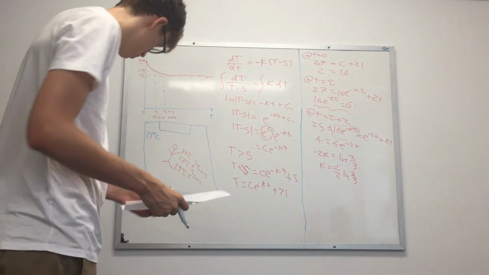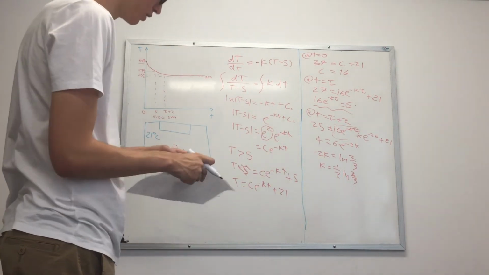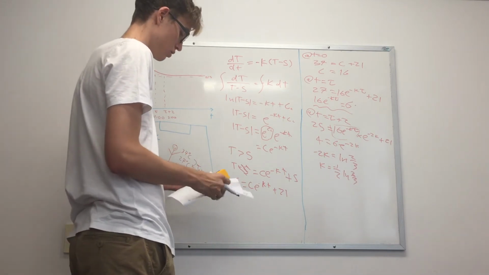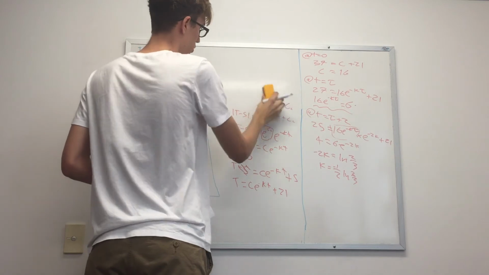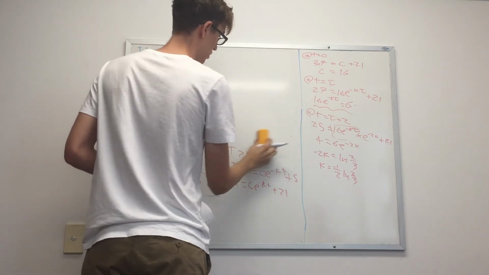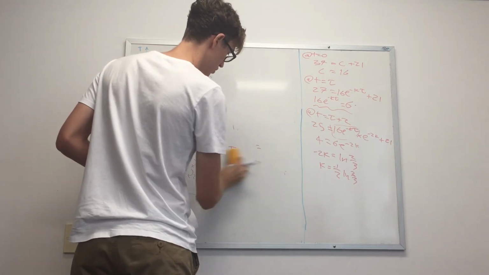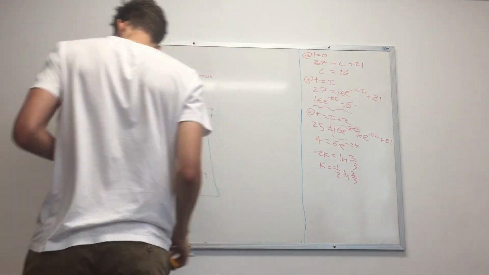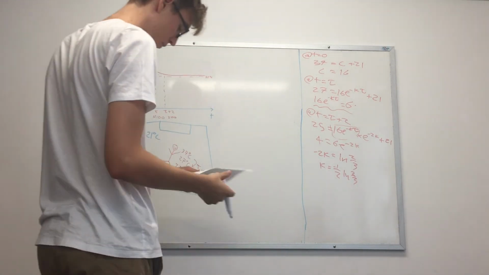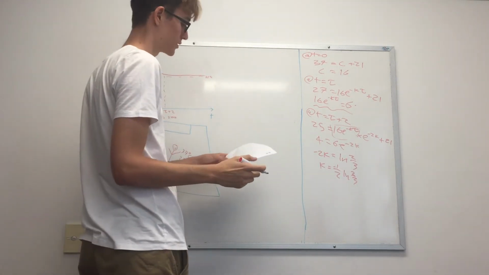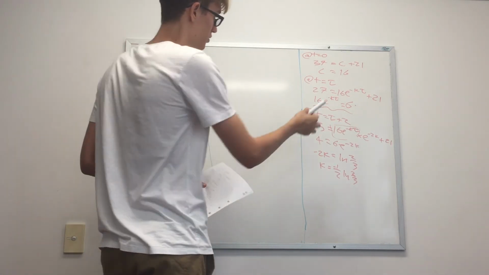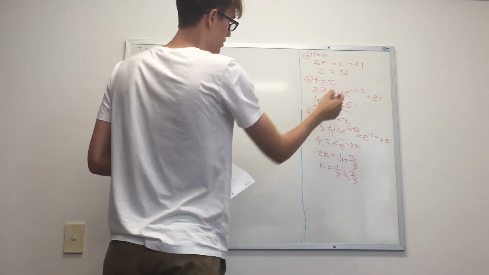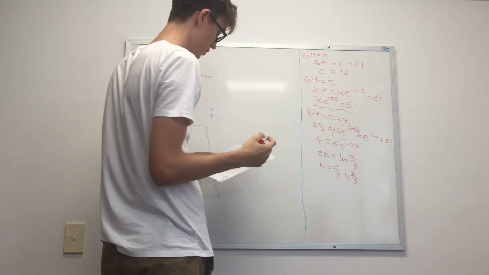Okay, so get some more space here. We'll be able to find the value of t_or now that we've got all the constants. So our specific solution, actually sorry, we can bypass the specific solution because we've got this expression with respect to t_or, and now that we've got k we can solve it.